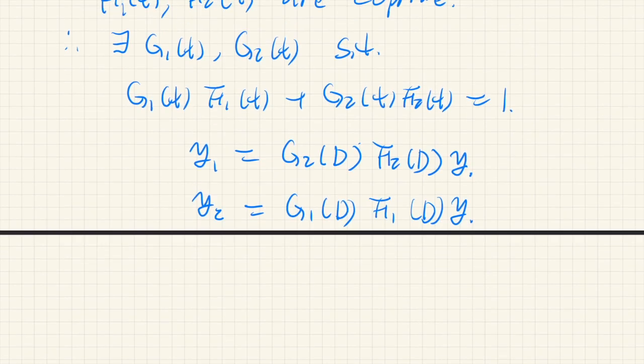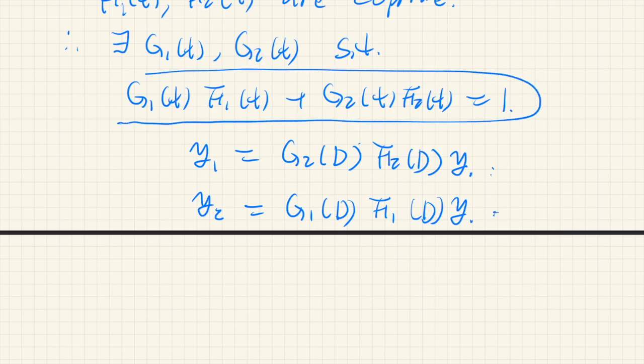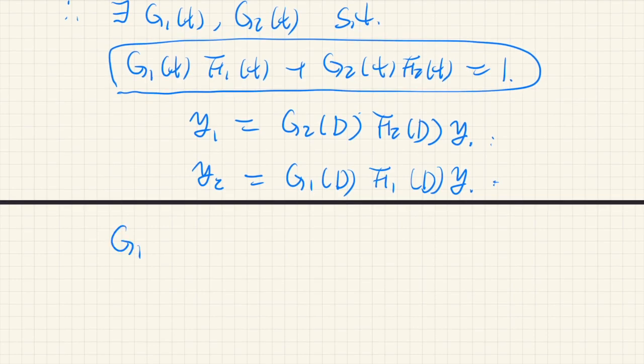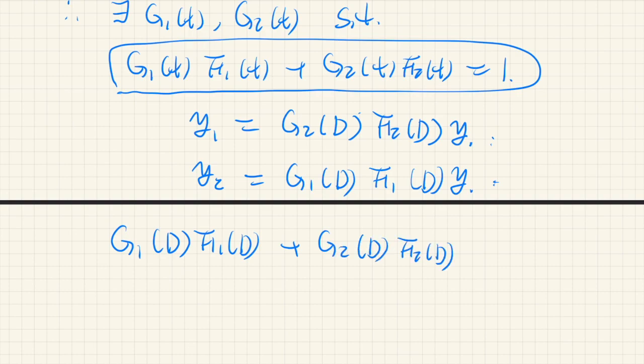Okay, so if we define like this, then if we substitute t in this equation by d, we have g1 of d f1 of d plus g2 of d f2 of d equal to 1, right?